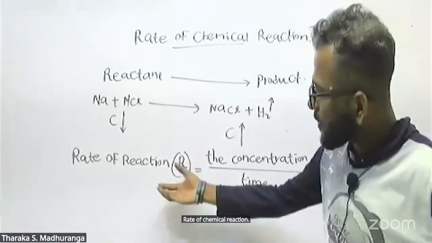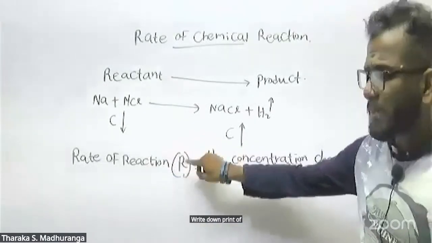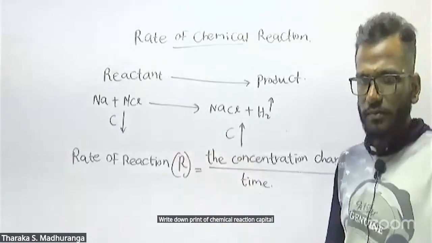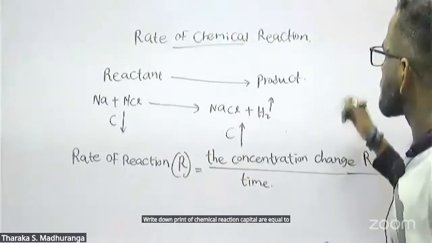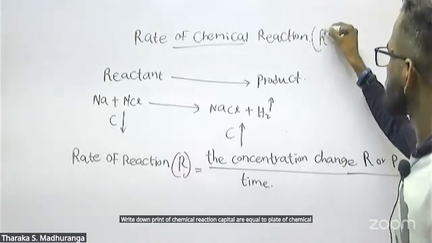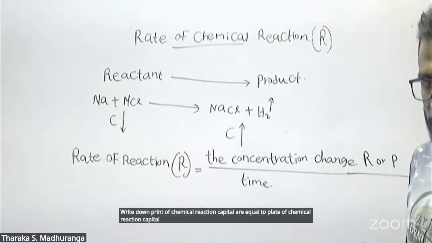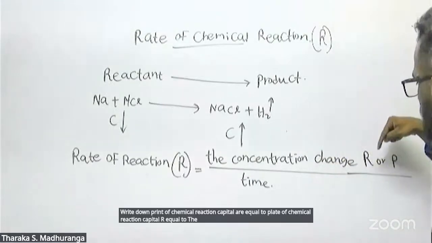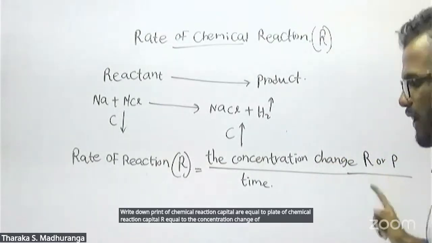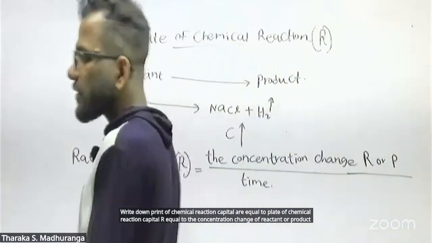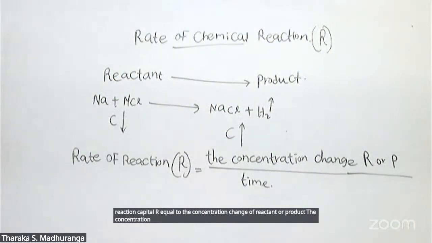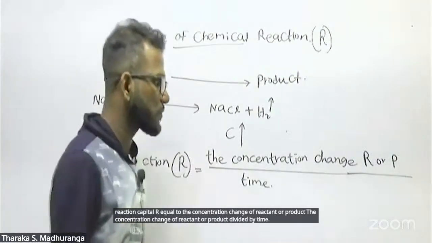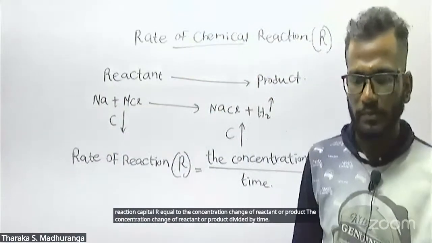Write down: rate of chemical reaction, capital R, equal to the concentration change of reactant or product divided by time.